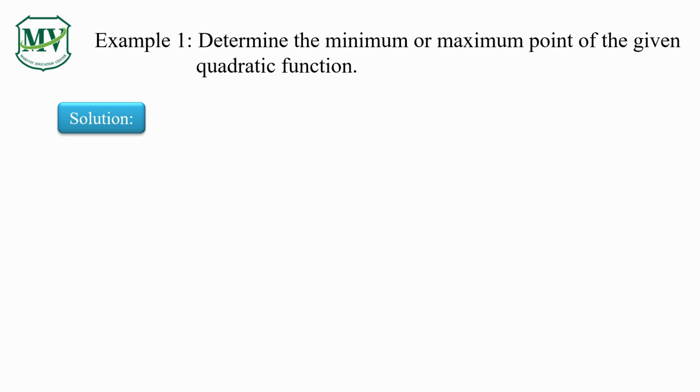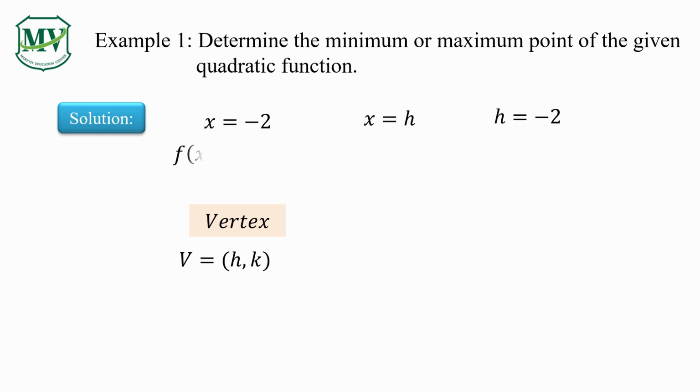The minimum or maximum point of a parabola is called the vertex, and the vertex is represented by h and k. Since x is equal to -2 and x is equal to h, then h is equal to -2. Since f of x is equal to 0 and f of x is equal to k, then k is equal to 0.